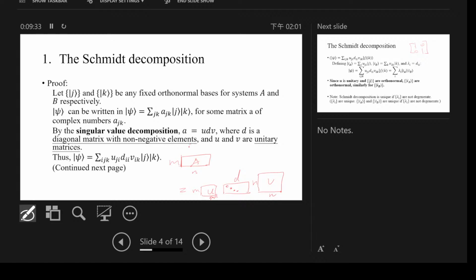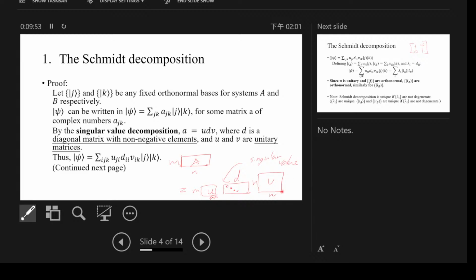So those diagonals are singular values. You have this singular value matrix that multiplies a unitary on one side and another unitary on the other.